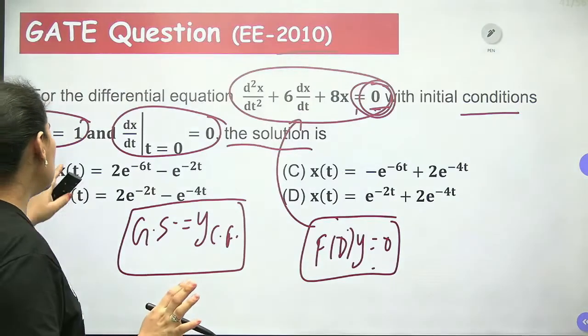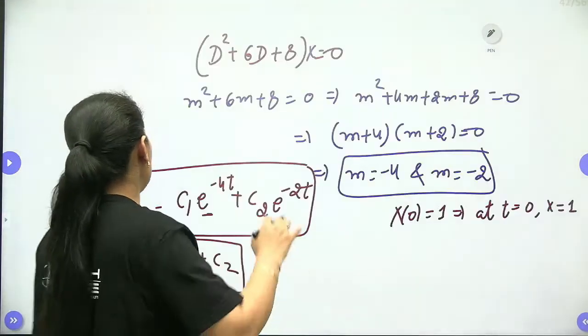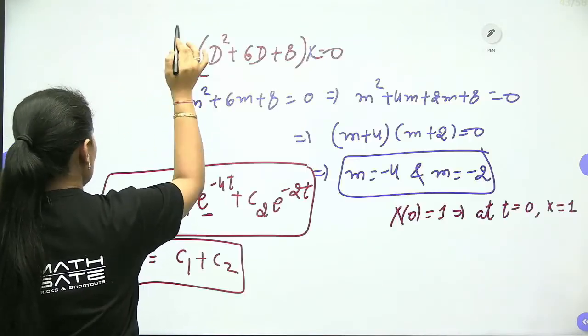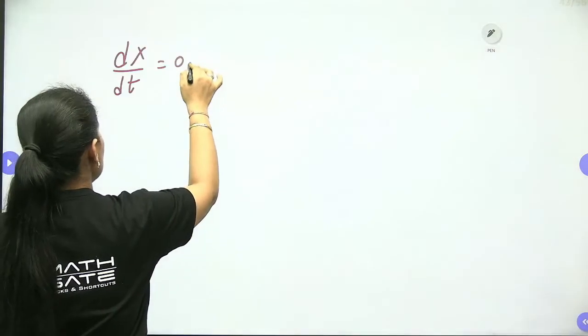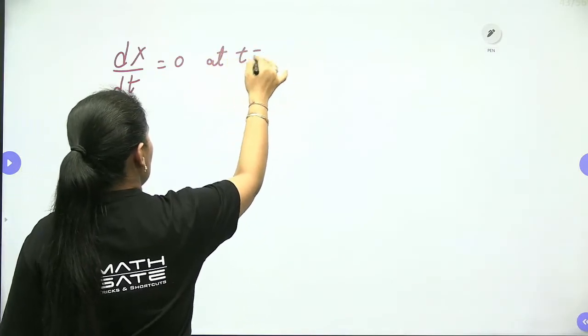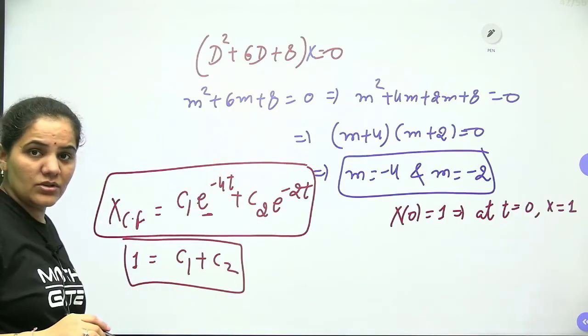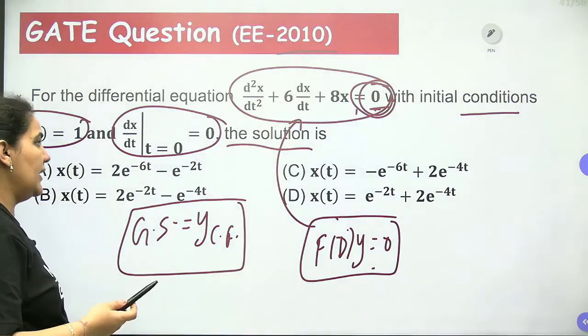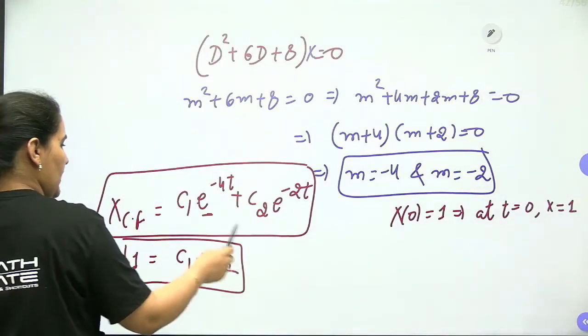Okay. The second condition we are having is the derivative. It means dx by dt equals 0 at t equals 0. Okay. Right. So let's find the derivative from here, dear students.